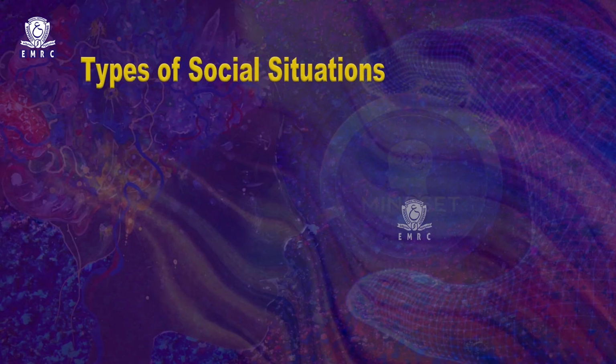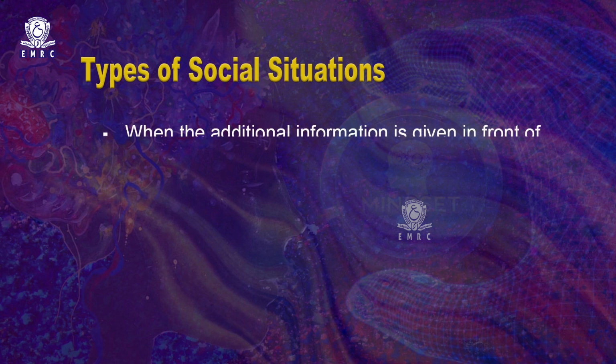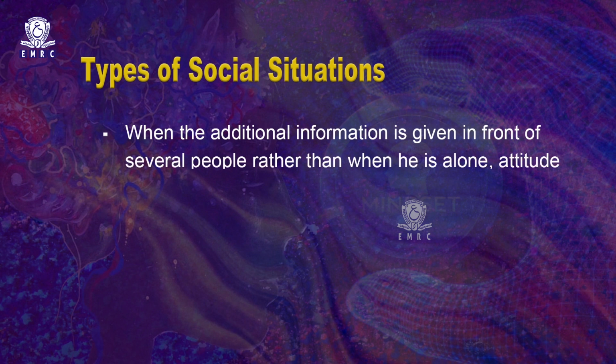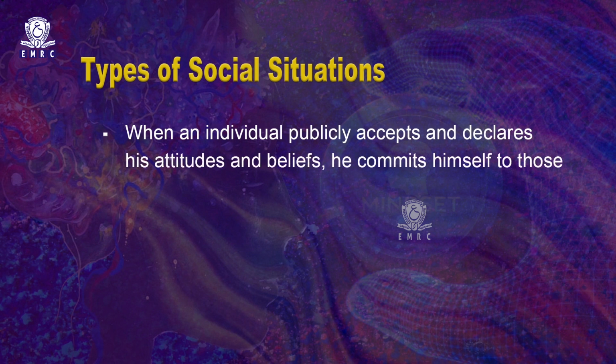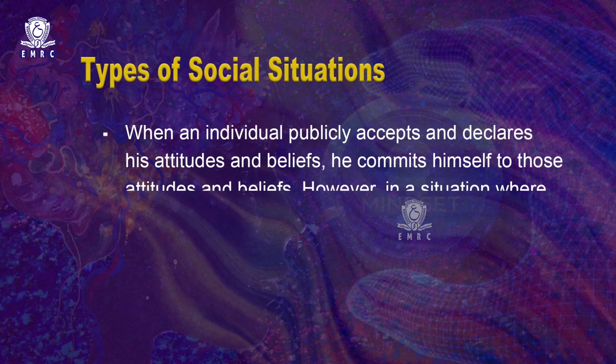Three types of such social situations may be seen. One, when the information is given in front of several people rather than when he is alone. If it is given in front of several people, attitude change is faster and greater. When an individual publicly accepts and declares his attitudes and beliefs, that means he commits himself to those attitudes and beliefs.